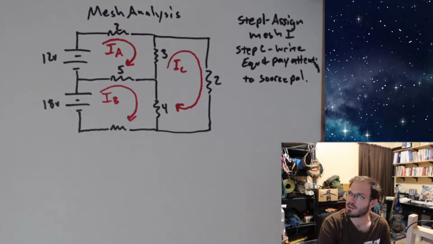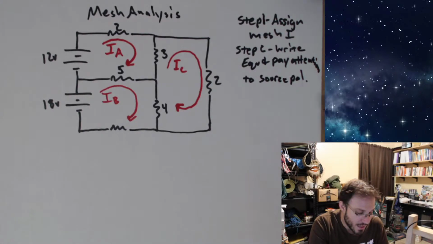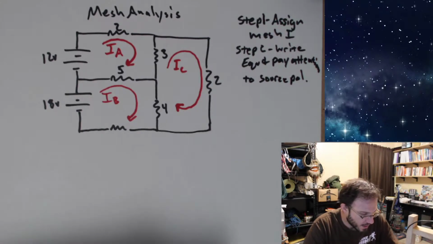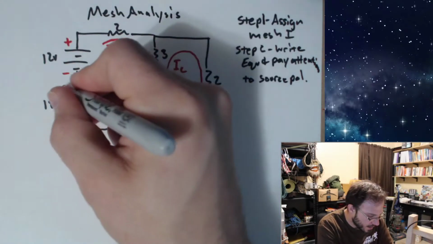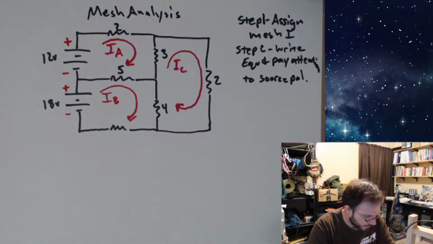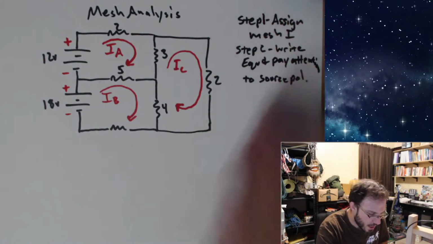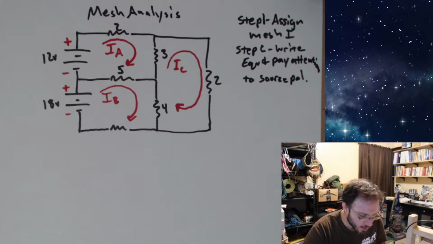And when I say pay attention to the source polarities, I'm saying make sure you pay attention. This is positive, this is minus, this is positive, this is minus. Okay, so now we'll go ahead and write out these equations.